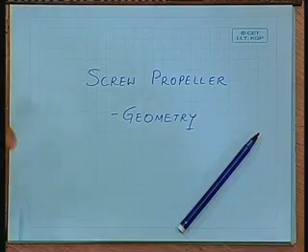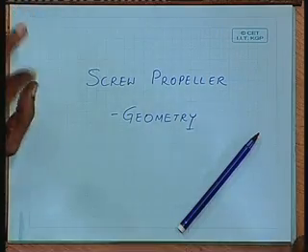Good morning, gentlemen. Today we will start on screw propellers and we will start with geometry. Every ship has an engine which is connected to a propeller shaft, a sort of shafting system consisting of a number of units.